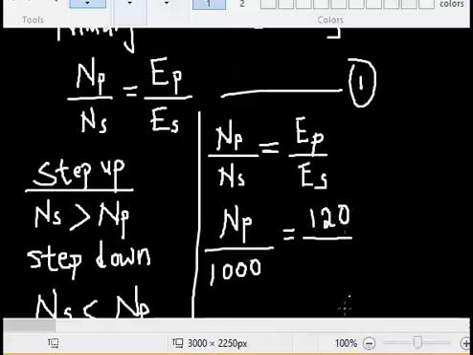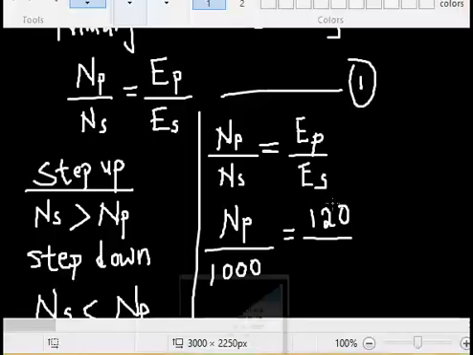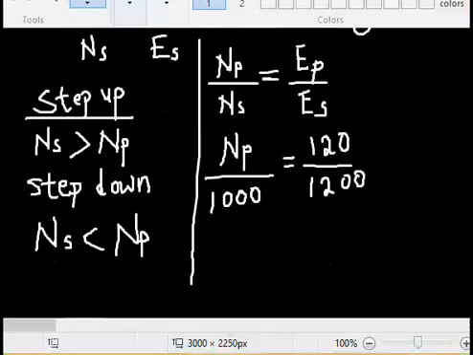The EMF taken from the secondary is 1200 volts. That is a step up transformer. So of course you can cross multiply.